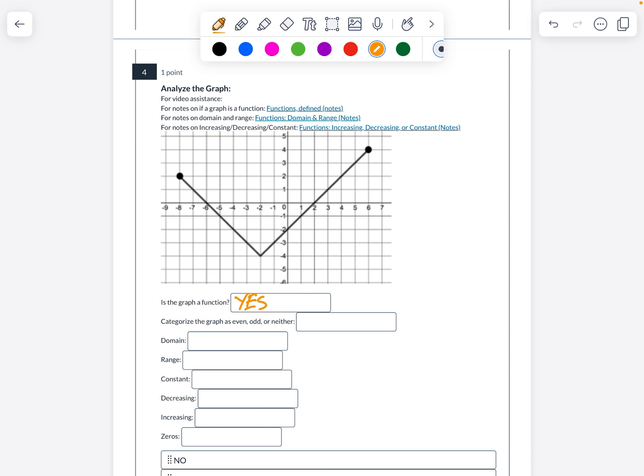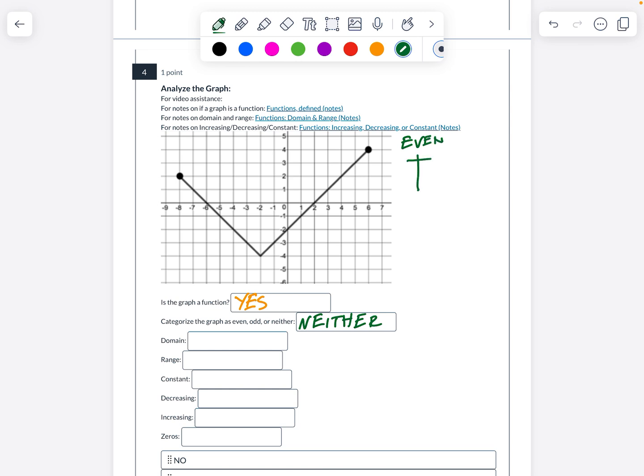Is it an even, odd, or neither? It is neither. And it is neither because if you fold it on the y-axis, it will not fold on top of itself. Also, if you wanted to check if it was even, that's a fold on the y-axis.